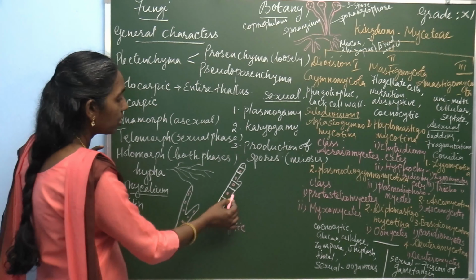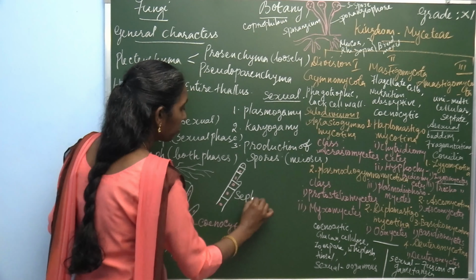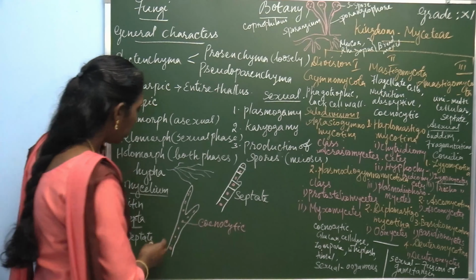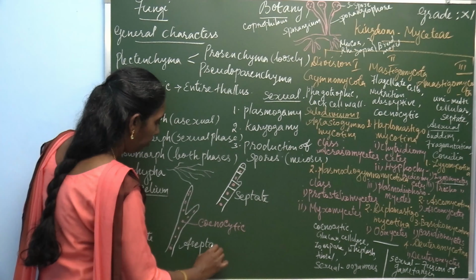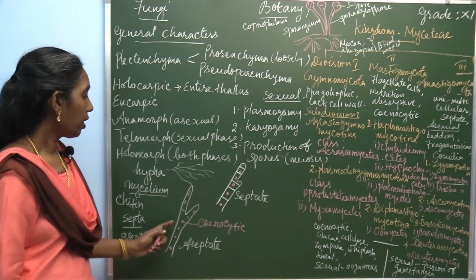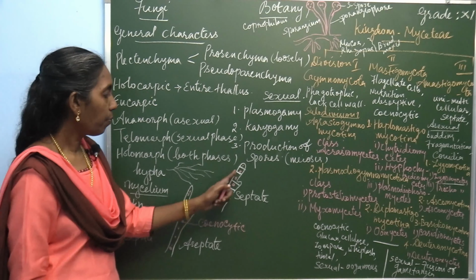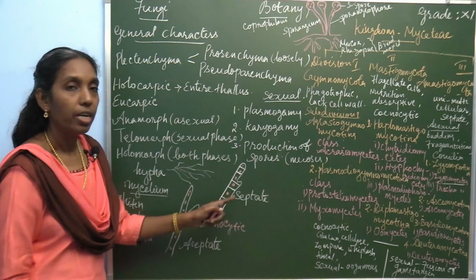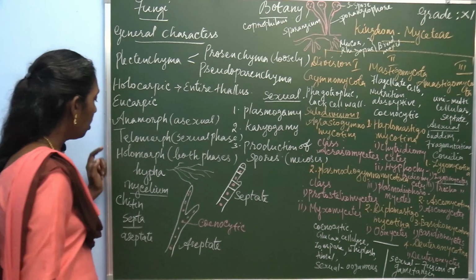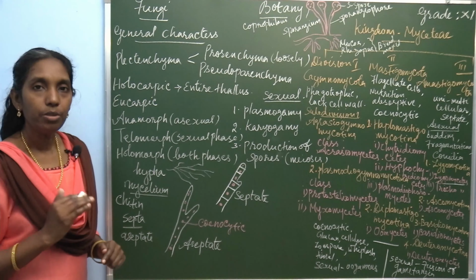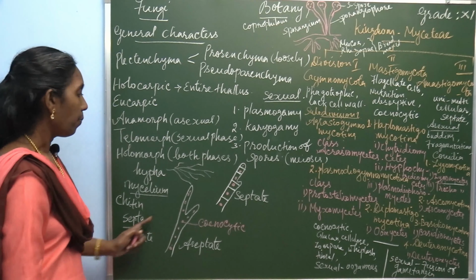So the mycelium is categorized into two based on the presence and absence of septa.